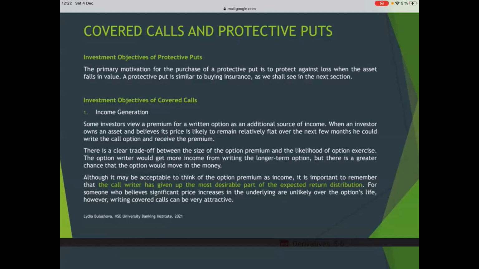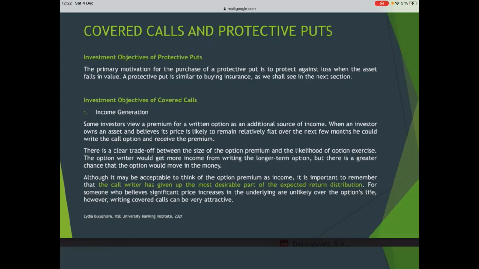An investor may own an asset and believe that its price is likely to remain relatively flat over a certain period of time, so he could write a call option to receive a premium.